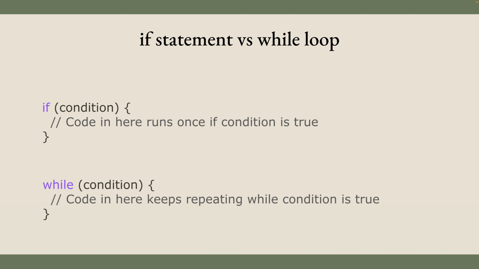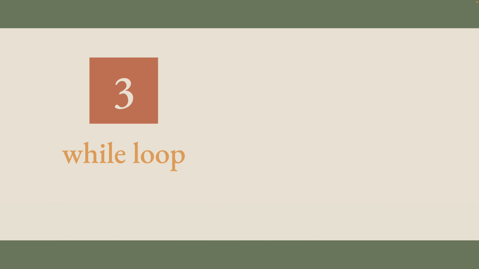And if it's still true, it'll come down, and it'll do it again, and it'll keep doing it until the condition becomes false. So generally, whatever variable you use in the condition, you have to modify it in some way here. Otherwise, the code will keep running infinite times. And we'll go into more detail on that in the Wednesday lecture.